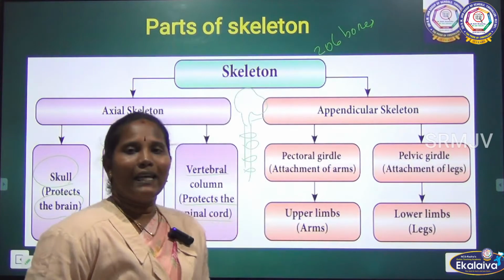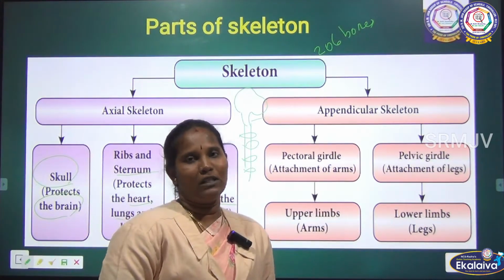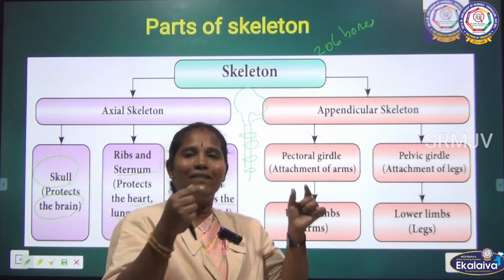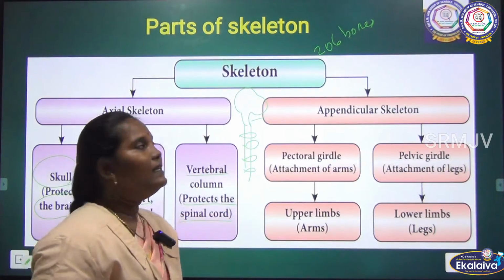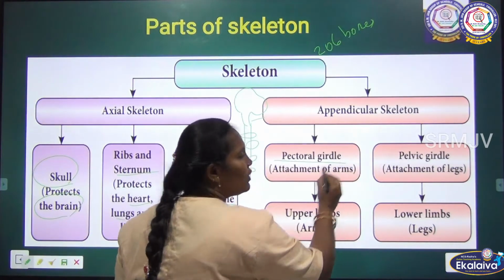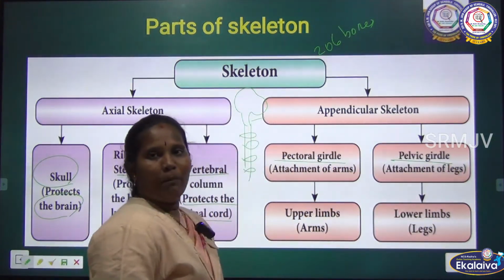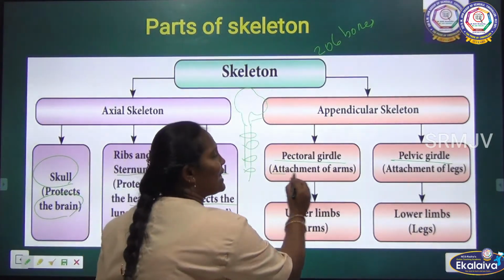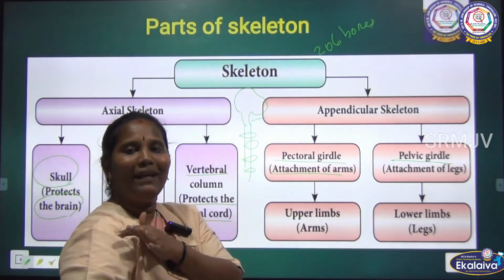The second one: the axial skeleton is also attached to some other bones. Our arms and legs are attached to the central skeletal system, and this is called the appendicular skeleton. It has the pectoral girdle and the pelvic girdle. The pectoral girdle is attached to the arm, at the shoulder and armpit.